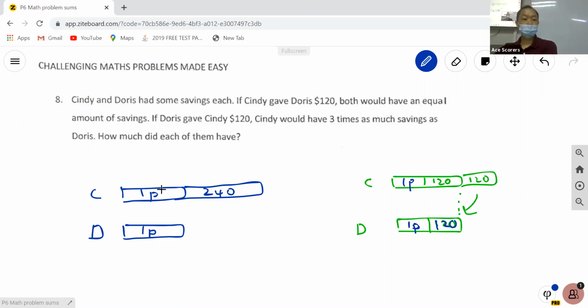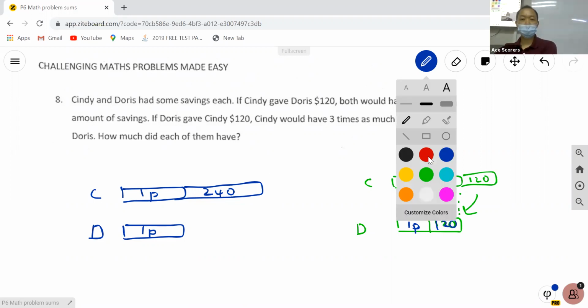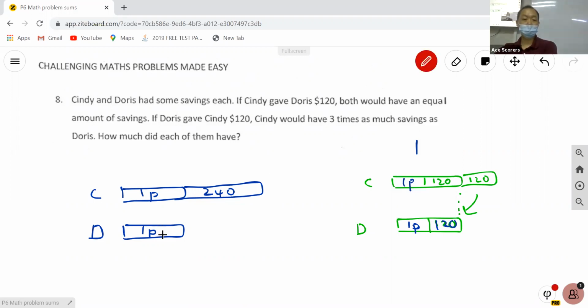If Doris gave Cindy 120, that means from here we're gonna chop off $120. Okay, we chop $120 off. And then this 120 comes here. Right, so here is also another 120.